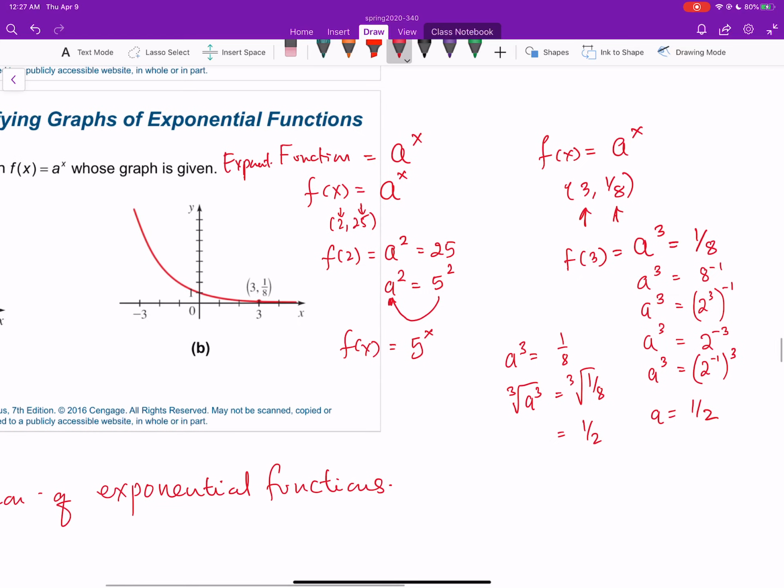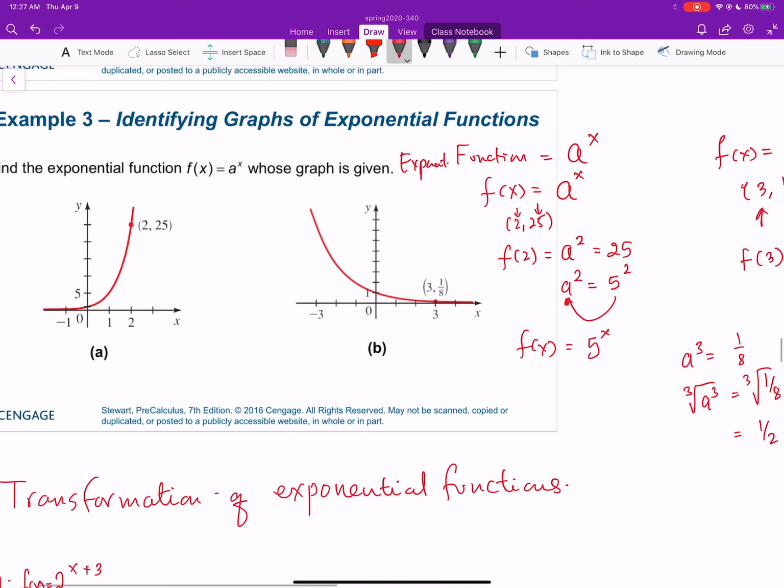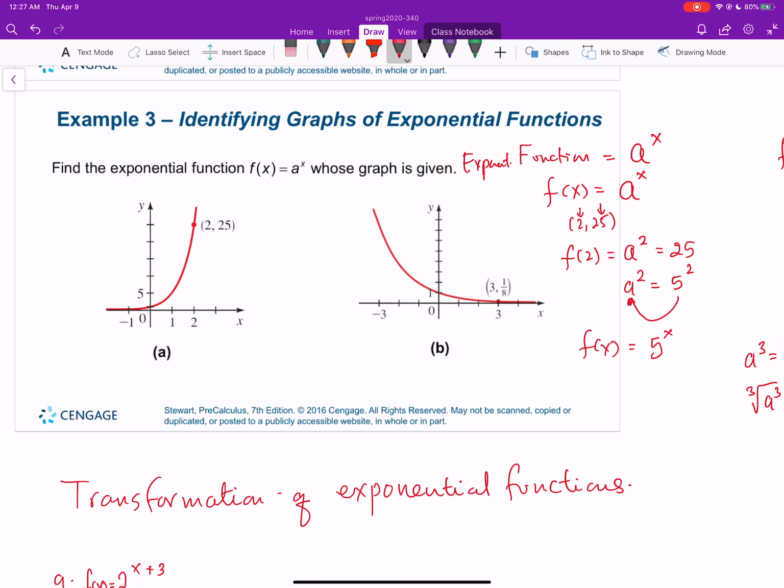So we are saying that the function f of x is equal to 1/2 raised to the x. And that should match up. If it's a fraction between 0 and 1, the graph should decrease from left to right. And if it's something greater than 1, for example, 5 raised to the x, then it should increase from left to right. So we are perfectly okay.